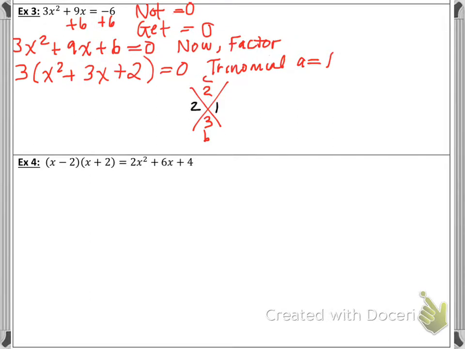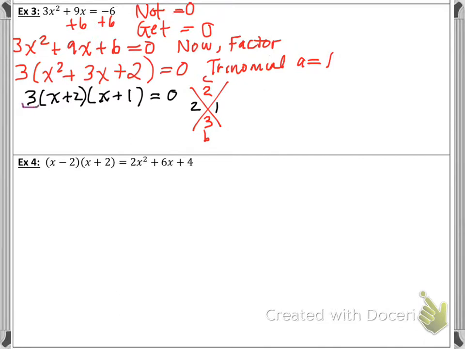So then I get x plus 2, x plus 1, and I bring down the 3, which was my GCF. Okay, so now we factored this completely, and we need to set each factor equal to 0. So it's not just an a times b now. We have 3 different factors.